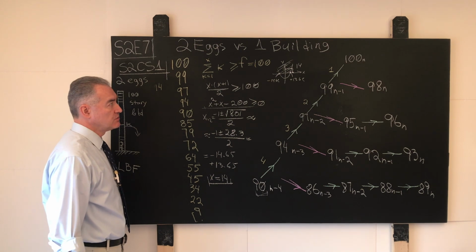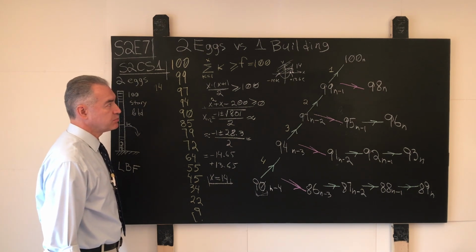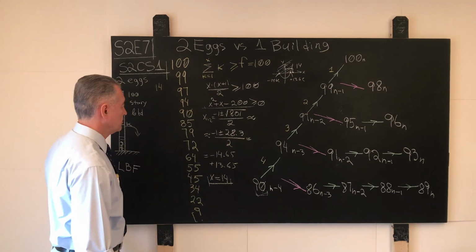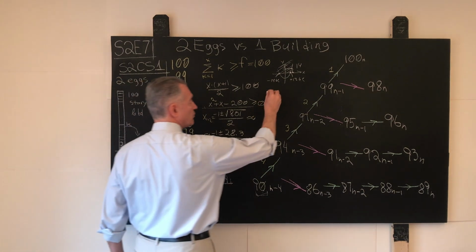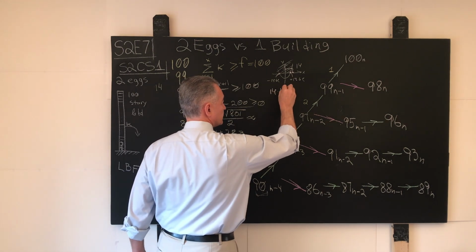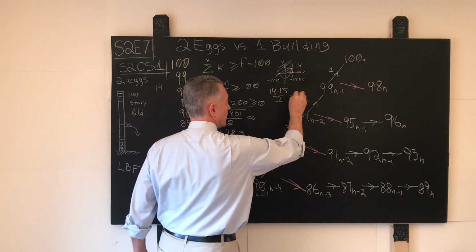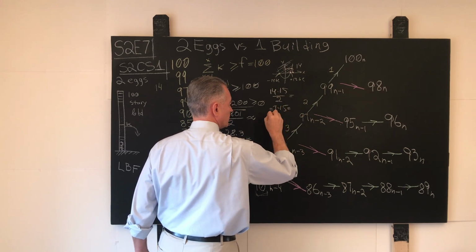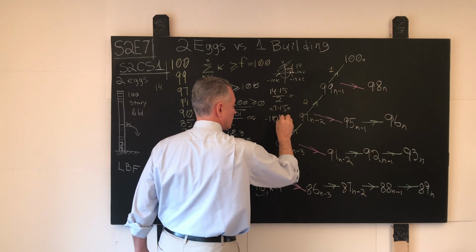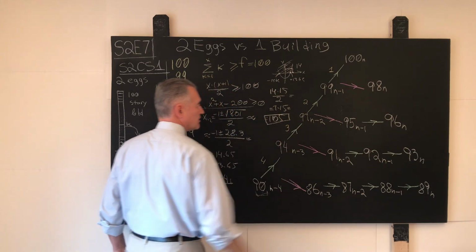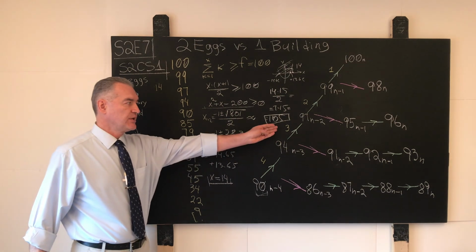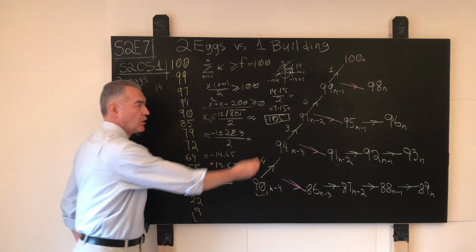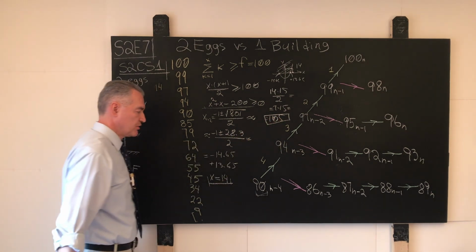And at this point, we also now understand that if we plug 14 directly into our formula, then we'll have 14 times 15 over 2. That will be 7 times 15, that will be 105. So the tallest building that we can test with 2 eggs is apparently 105 stories tall.